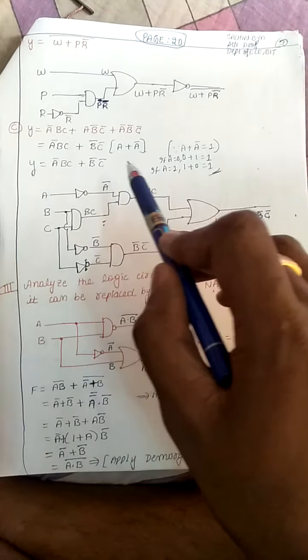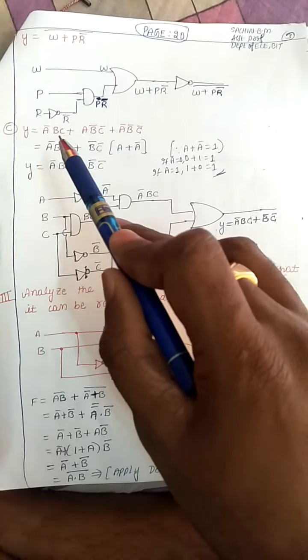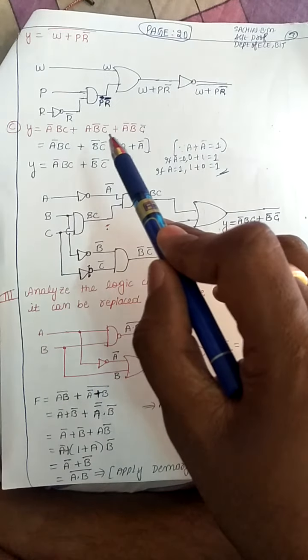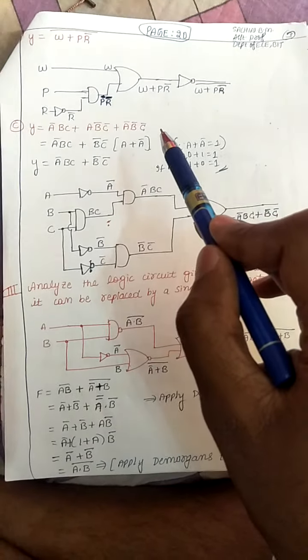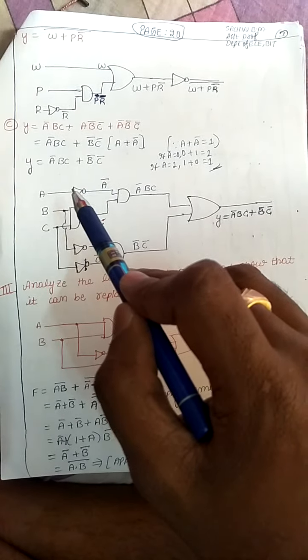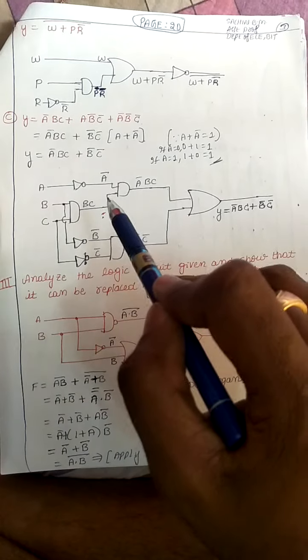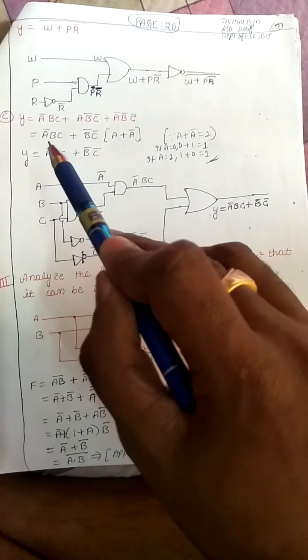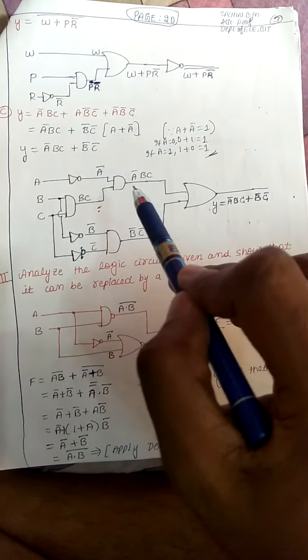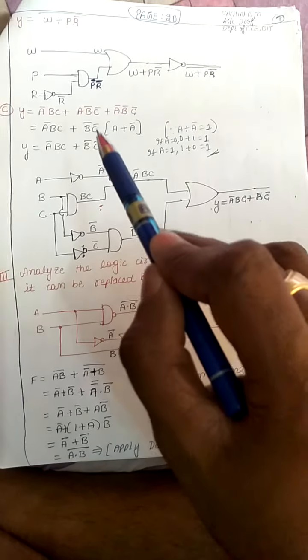So here they are given one more expression, A bar BC plus A B bar C plus A bar B bar C bar. For A bar BC, you will get A bar BC here.